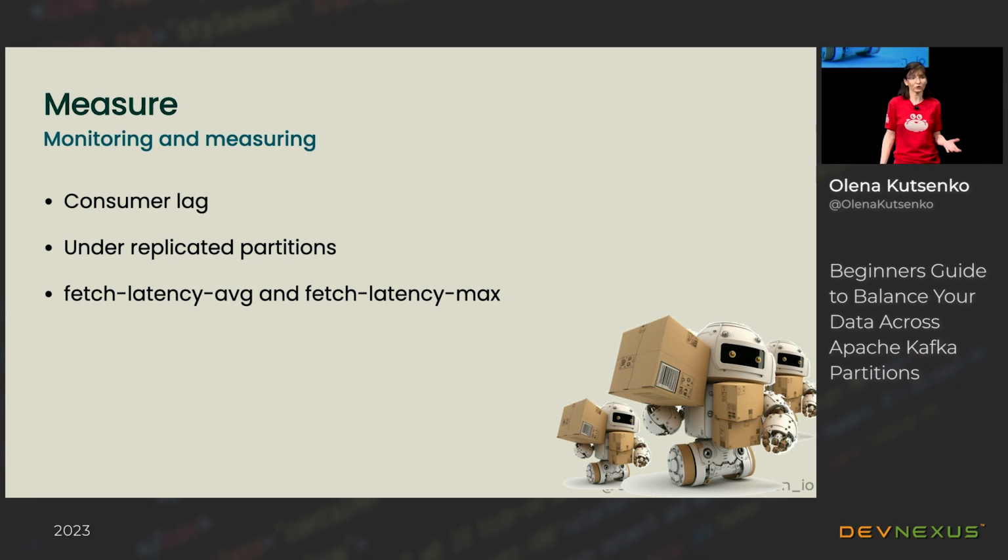Also, pay attention to under-replicated partitions. If you notice some partitions being under-replicated, most probably there is something going on with that partition, so you want to check it. Also, where the difference between average latency and maximum latency is too big, you want to pay closer attention there.